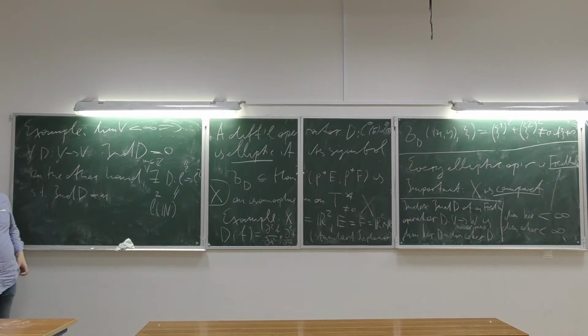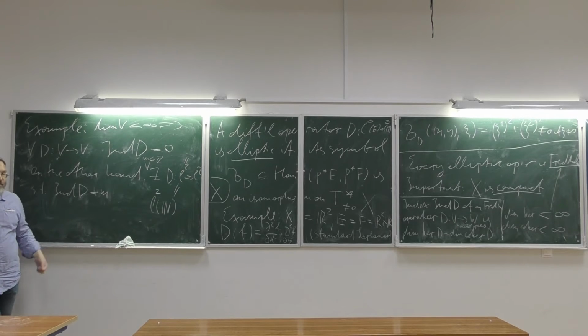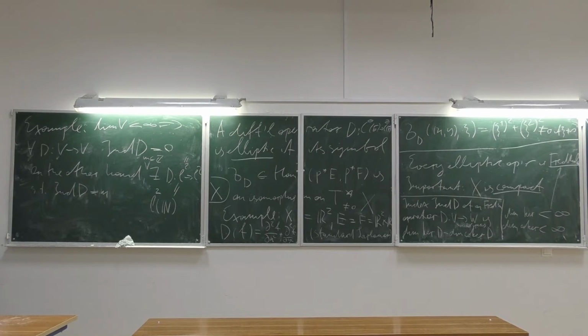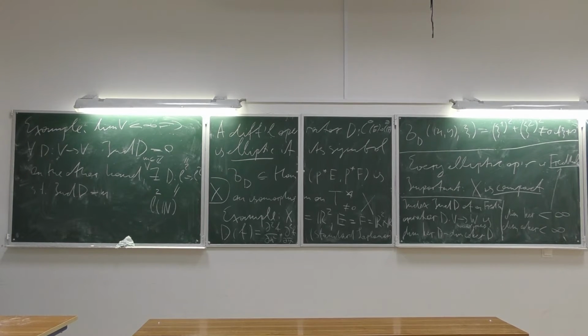Kernel is one-dimensional. Yes. So the left shift, one place to the left, has index 1. And similarly, the right shift has index -1, and so on. Does this make any sense?